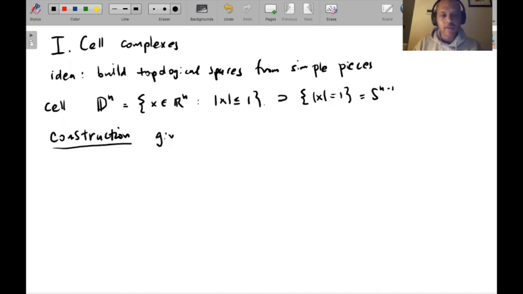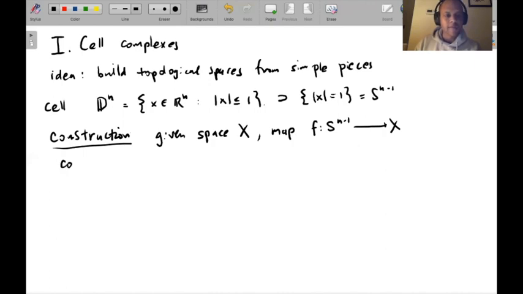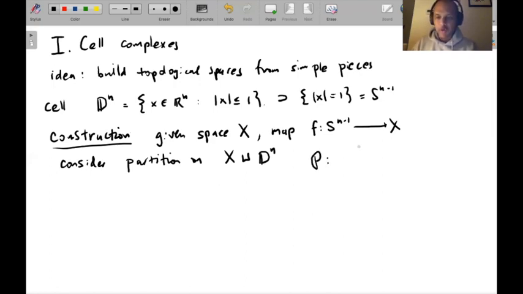So suppose you're given the setup: you're given a space X and a map f from the n-1 sphere into X. And you consider a partition P on X disjoint union the n-dimensional disk, where the subsets of this partition are of the form {x, f(x)} for x in the sphere, and then every other point is a singleton.